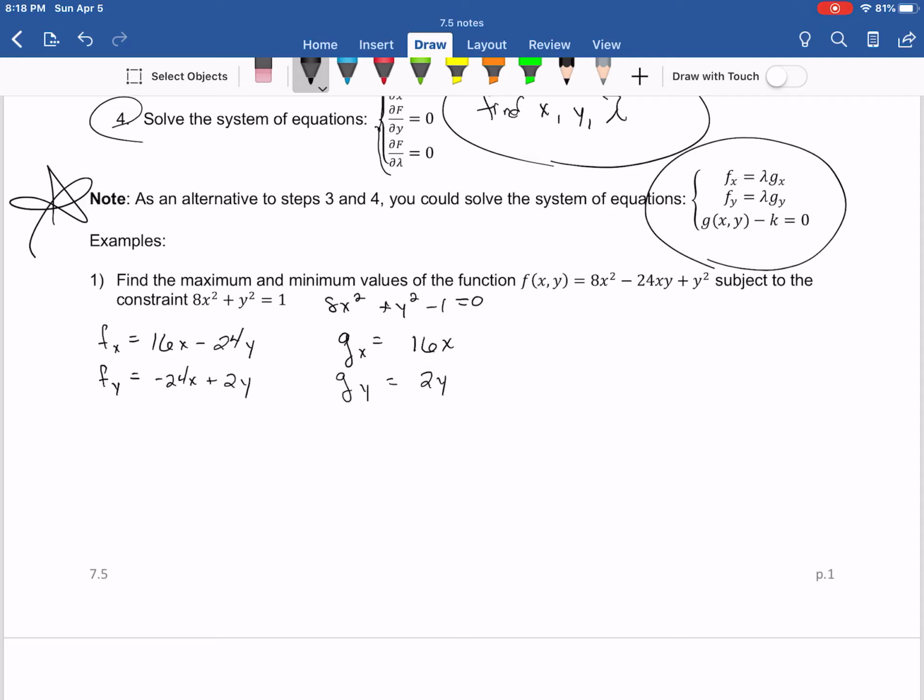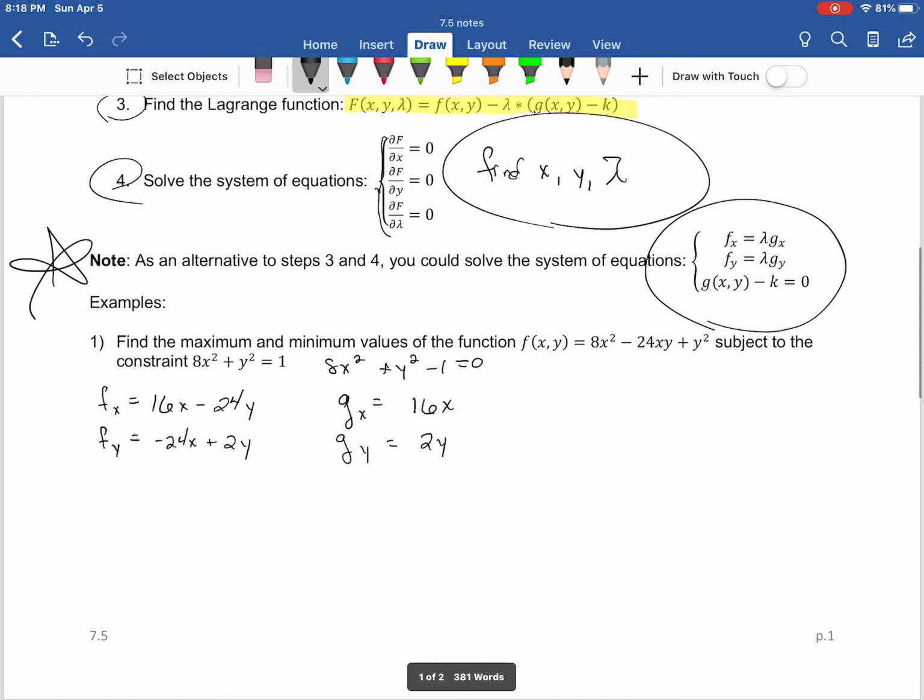Okay, so now we set up your equations involving the Lagrange multiplier. That's the lambda, right? The equations that we're going to come up with are right there. The first one is going to take the partial of f with respect to x, let's do some highlighting here, that part right there, equal to lambda times that partial.